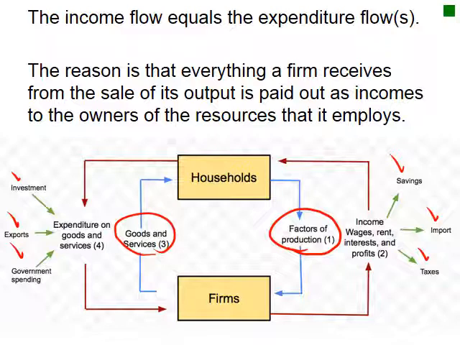In terms of leakages, we know that we had money coming out for wages, rent, interest, and profits, but also savings could be a leakage, imports, and taxes. The reason is, the income flow equals the expenditure flows, and the reason being is that everything a firm receives from the sale of its output is paid out as incomes to the owners of the resources that it employs.